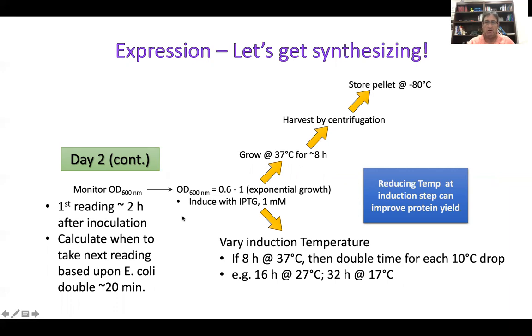Then once you do that, you're going to, standard-wise, add the IPTG at an OD of about 0.6 or so. Let it go at 37 degrees for 4, 6, or 8 hours. Centrifuge, and then you can store the pellet or start processing. If you have problems with too much protein being expressed, or even with low expression because of inclusion bodies, oftentimes we'll decrease the temperature to overnight at room temperature, 20 degrees.